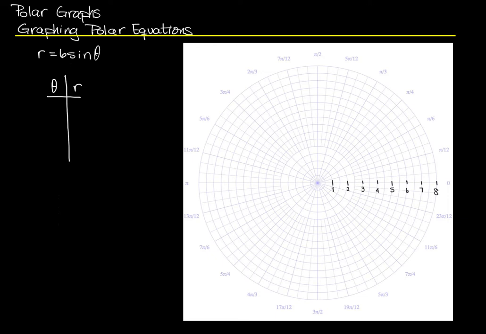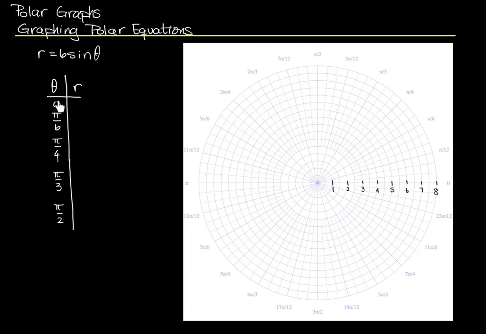So let's start with theta equals 0, and then we'll go to pi over 6, pi over 4, pi over 3, and pi over 2. Those are the values that are really easy to take the sine of because we're familiar with them, or we can look them up on a table. We've all been working with the tables of values now for quite some time.